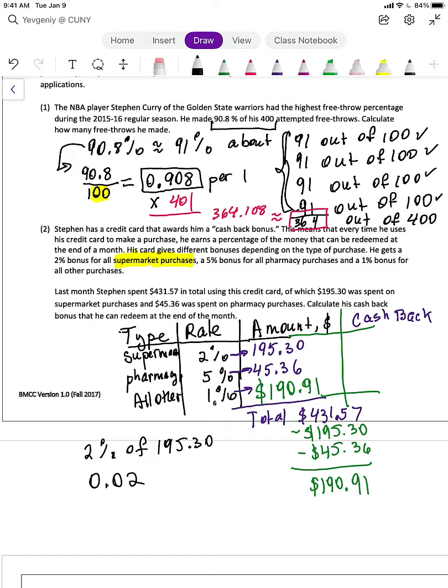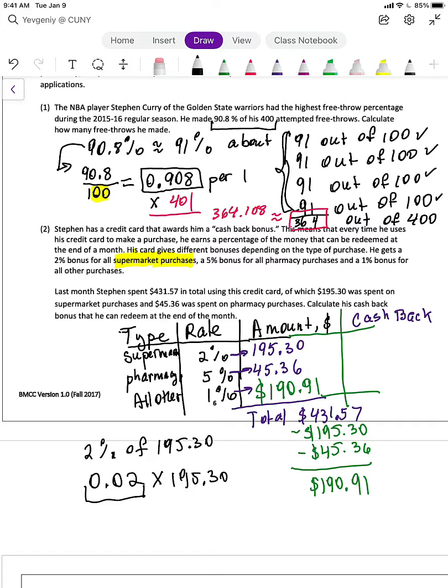Since we have $195, that's where the multiplication comes in. So hopefully it's a logical way to see it. You don't just memorize that you multiply. It's the understanding that a percent represents an amount per 100. So once you write it as a decimal, it becomes an amount per each one. 2 cents for every dollar. And since you have $195, it makes sense to multiply.